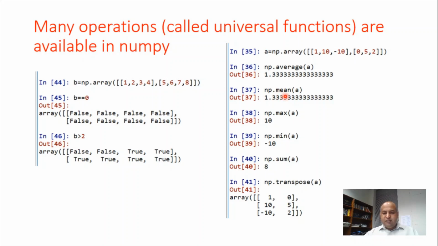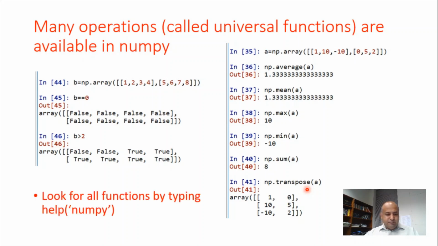So this is syntactic sugar in Python, that you can do one thing with two functions. Similarly, we can find the maximum element of this array by writing max of a, or the minimum element, or we can sum all the elements over here by using sum. We can find the transpose, which is going to be useful in linear algebra. And of course, as I was saying, you can find all the available functions using help numpy.